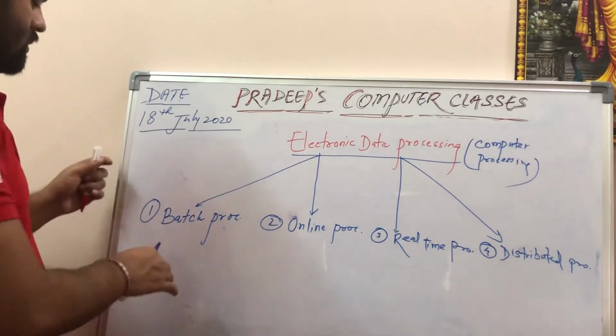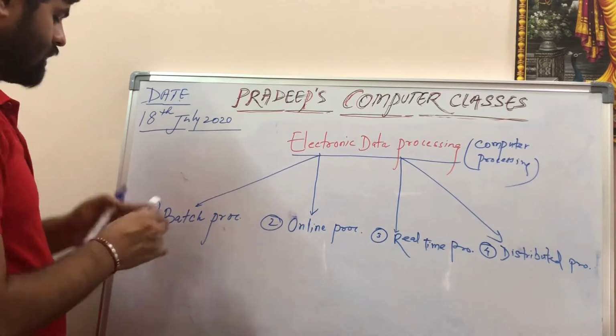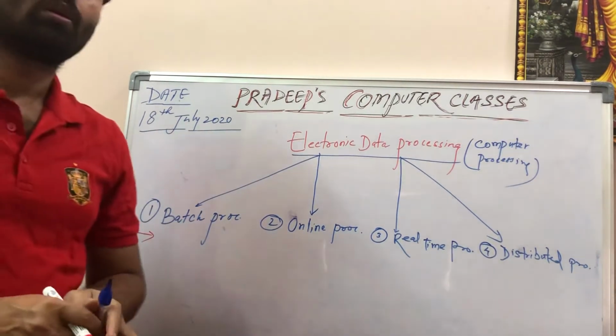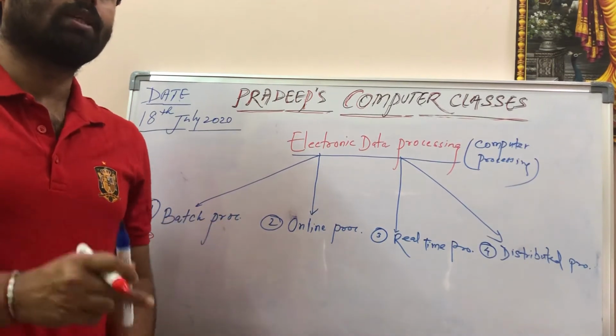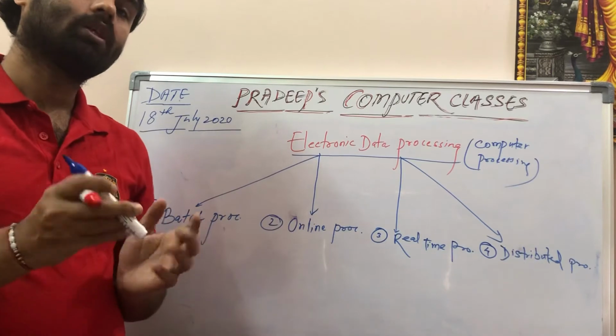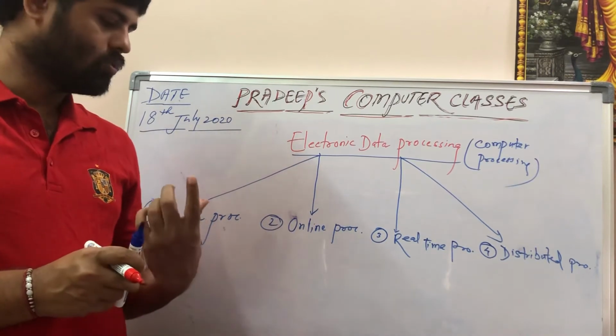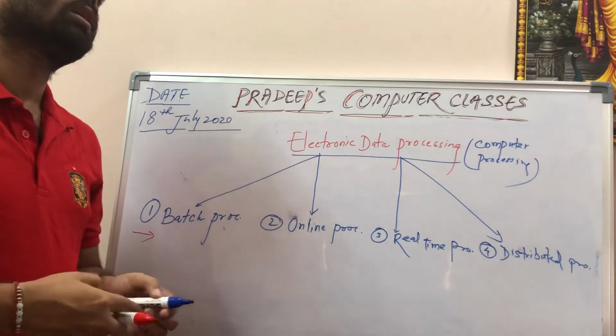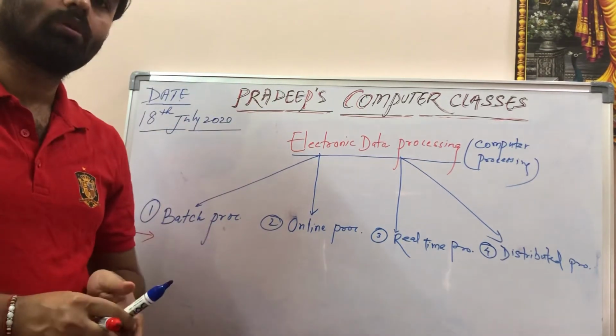See, batch processing, batch means what? If I ask you, in your batch how many students are there, what will you think? You will think that batch means a sequence, a group.